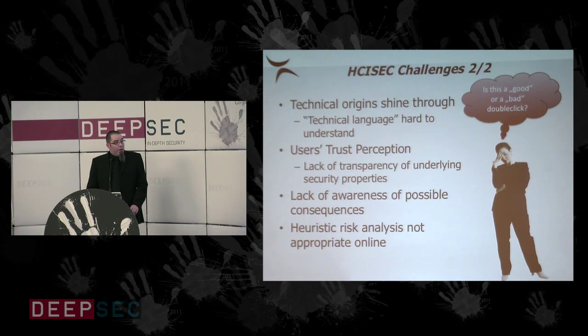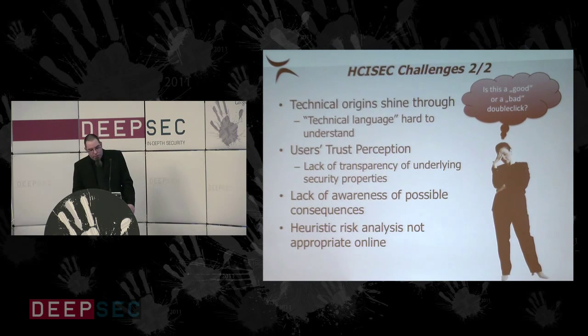We have, of course, a very big problem because of the lack of possible consequences. Most users, as the colleagues before already said, think: I have no money in my bank, why am I at risk, and such things?